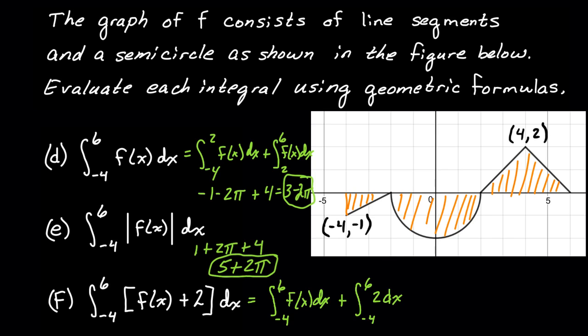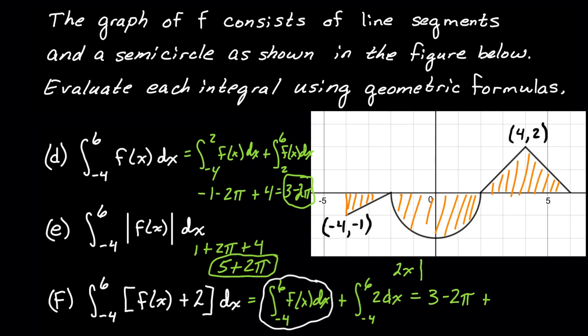Now this first integral right here, that is the value that we had right here. And so we are going to end up with 3 minus 2 pi for that part. However, we are not just adding 2 to this. The integral of 2 is 2x.